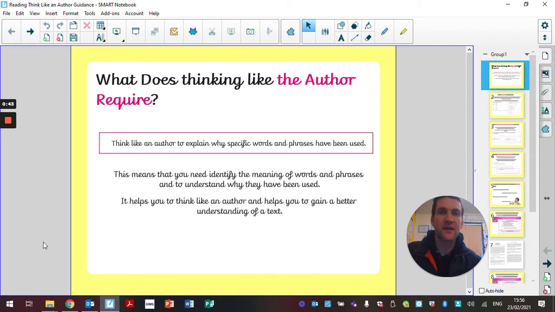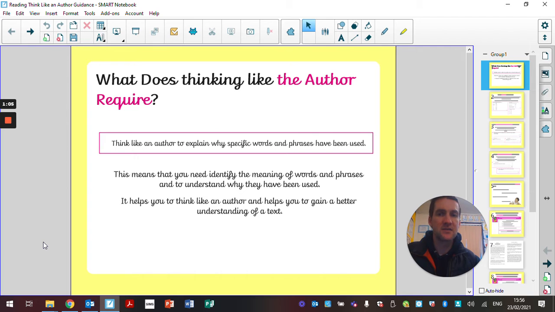What does thinking like the author require? Thinking about why the author uses specific words or phrases. This is useful not only for your reading, but also for your writing, using specific vocabulary or phrases to really get a point across.